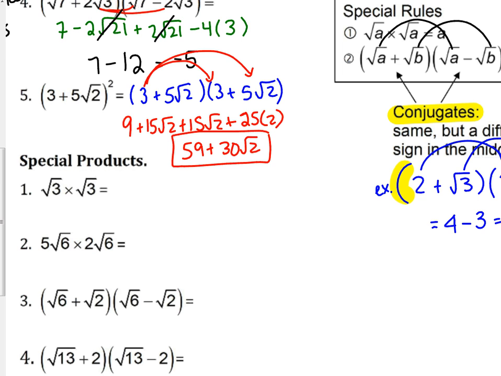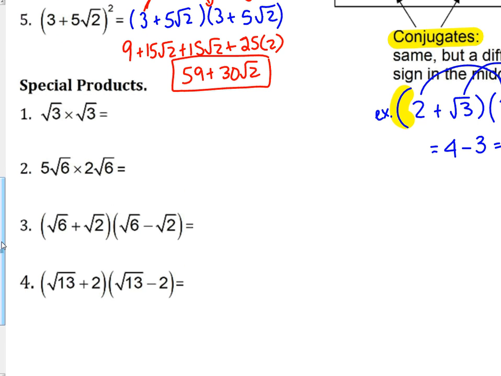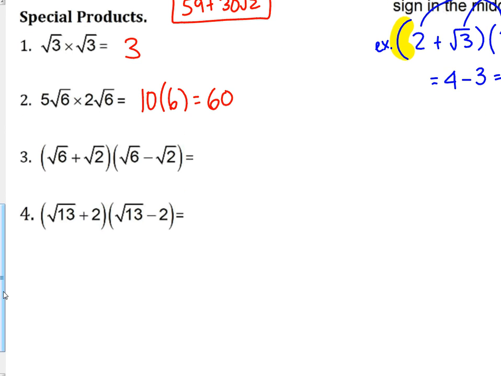Okay. What's root 3 times root 3? We can go through some of these really quick. Just 3. 5 root 6 times 2 root 6 would be 10 times what? 6, or 60. What could you do with number 3? What is that? These are conjugates. It's a difference of squares, yes.